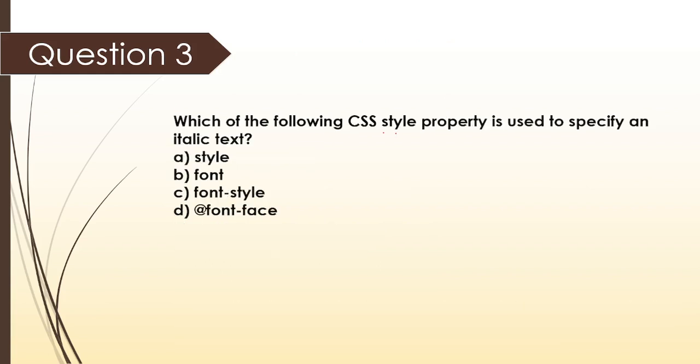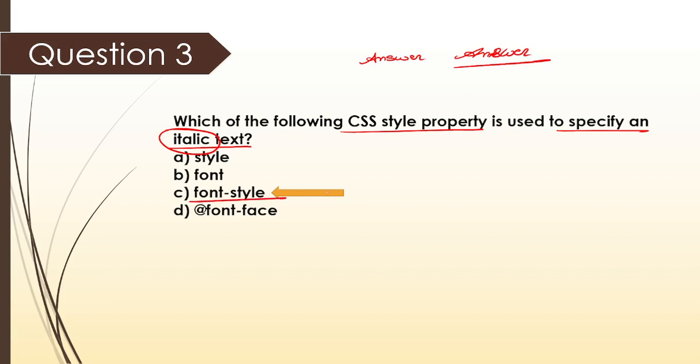Next question is, which of the following CSS style properties is used to specify an italic text? So whenever you want italic text, like if I'm writing an answer, okay, I want it like this. Okay, so what can you use? Correct answer is option C, that is font style. So let's take an example here.